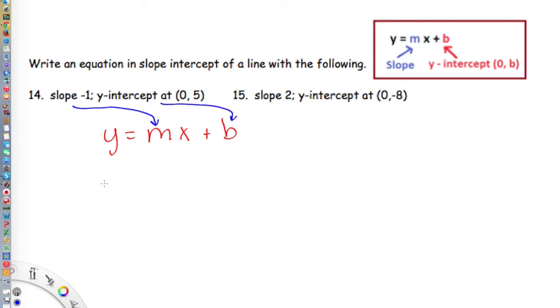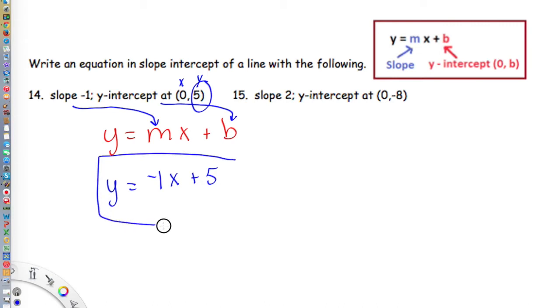So I just rewrite this. y equals a negative 1x plus 5. My y-intercept is going to be at 0, 5, which is 5 up on the y-axis. That's your answer. It's that easy. They're giving you all the answers. You just have to put them in the right place.